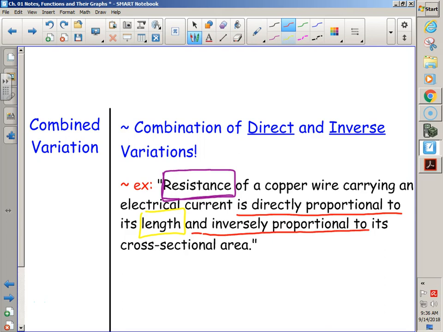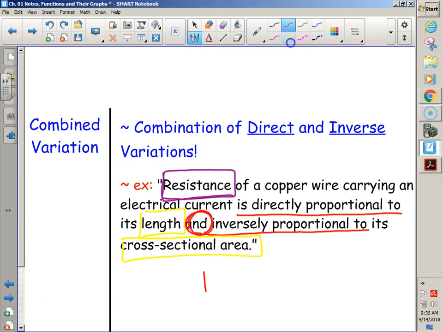This is what is called combined variation. There's more than one thing going on. So we have resistance being directly proportional to one guy, and then inversely proportional to another guy. But if it's "and," guess what? It's all at the same time.